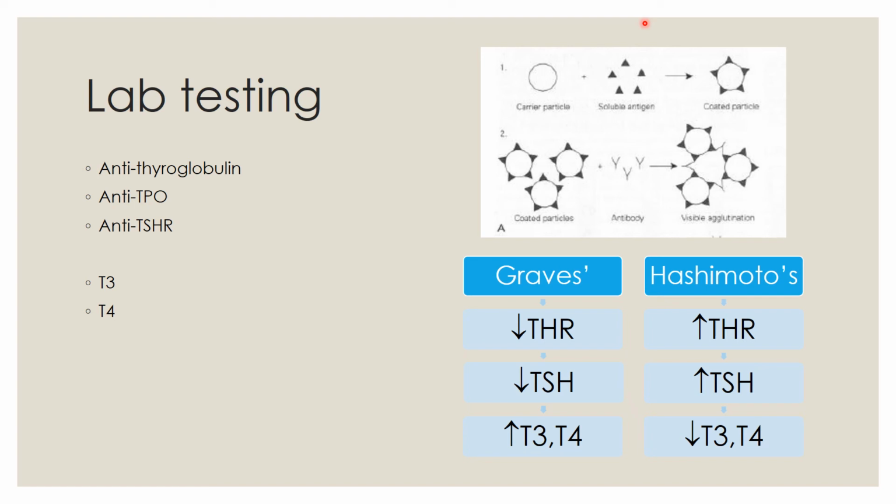These are usually found using passive hemagglutination. You can use tanned red blood cells, or chemically activated red blood cells, that are allowed to interact with the patient's serum, and you can actually see hemagglutination of these red cells.